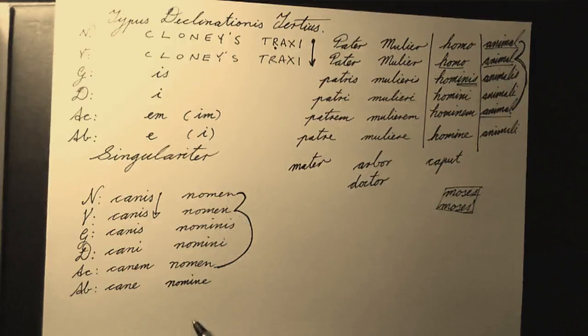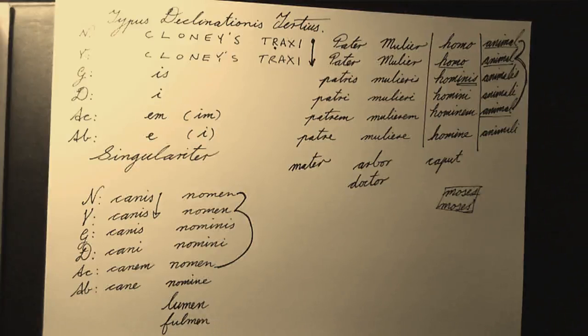Lumen is like nomen, so I'll just write it down here. It's declined the same way, meaning a light. Lumen, fulmen, a flash of lightning. Marmor, meaning marble.